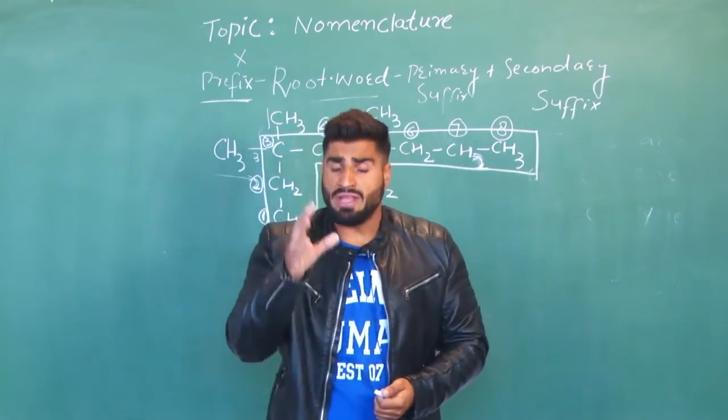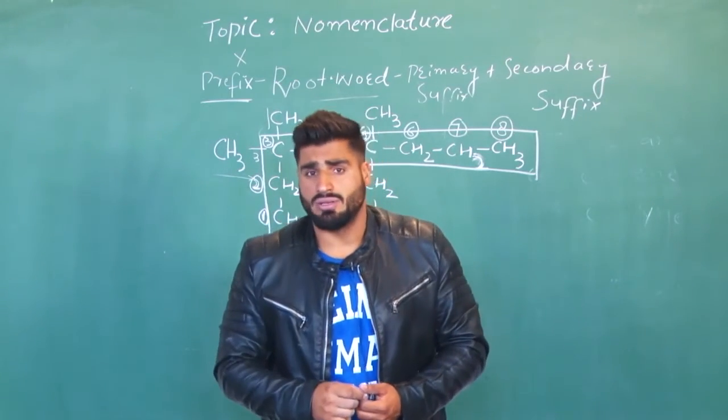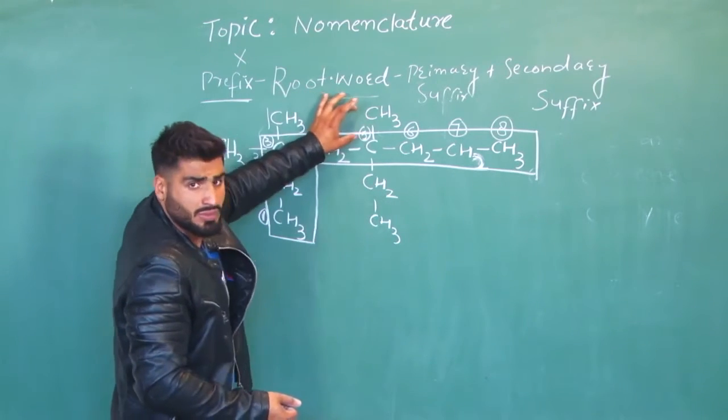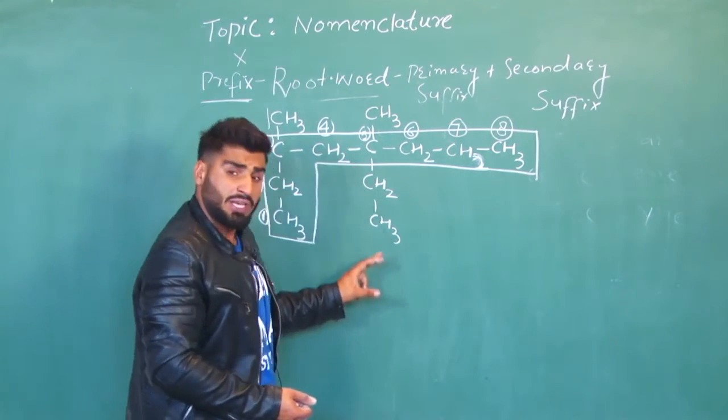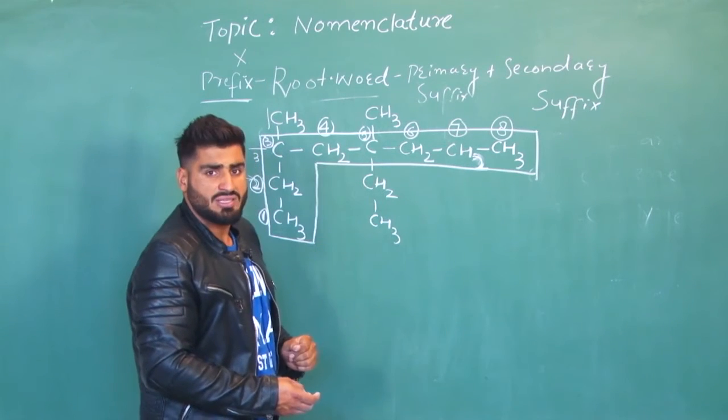Now, I have a very, very important thing here that I am supposed to discuss with you students. Now, I have here side chains also. The chains that are not included in the main chain are known as side chains.